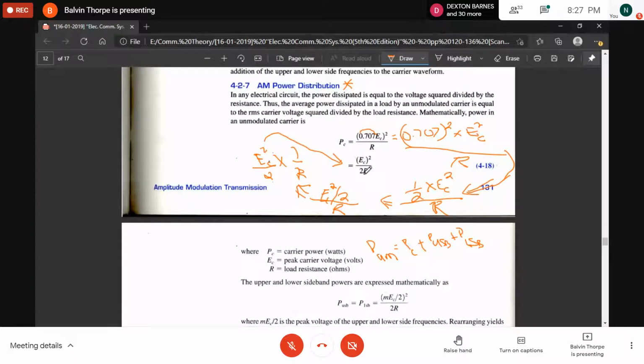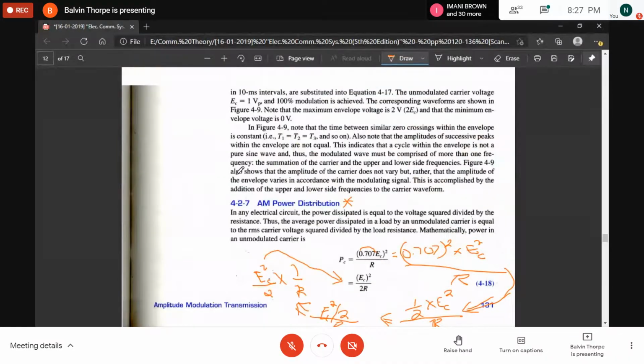We need to do the same for the power in the upper sideband and the power in the lower sideband, which, from what I said previously, are the same, right? So how do we find it? It's important to remember that the voltage in the sideband is a function of the voltage in the carrier.